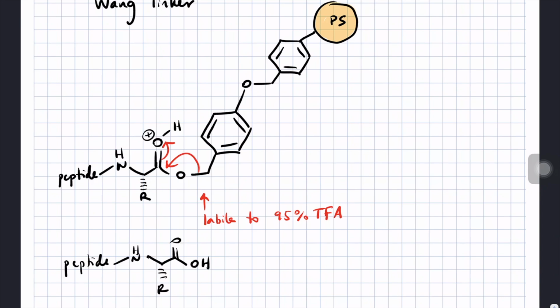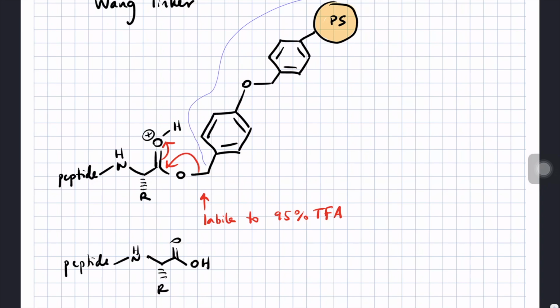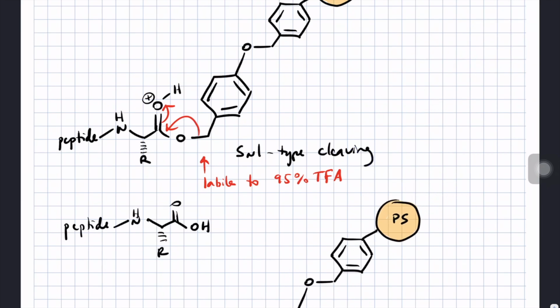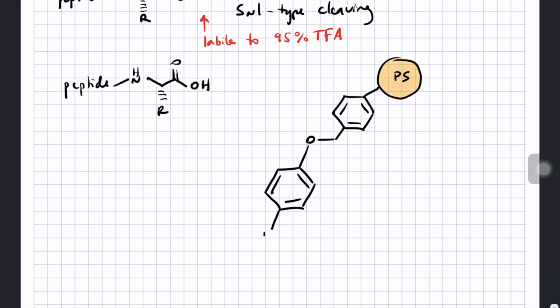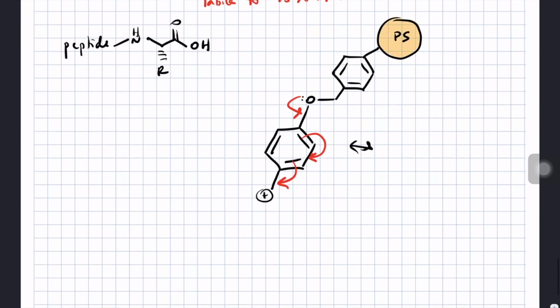But it leaving is aided by the fact that the carbocation that stays behind, so it's sort of an SN1 type cleaving reaction, is not a primary carbocation because it is stabilized by resonance with the para oxygen.